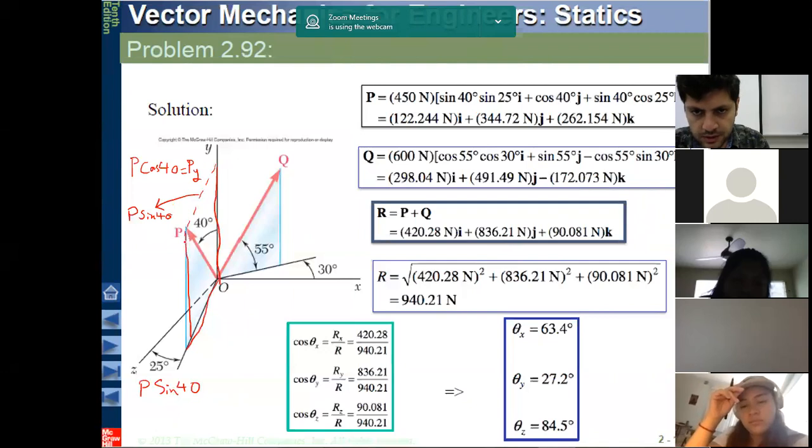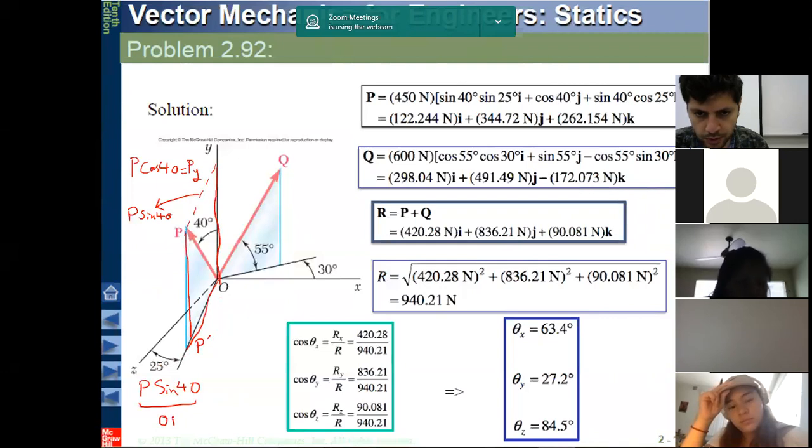So this would give me this line, because this is a rectangle. Let's call this OP prime, and this is P prime. So now I have this OP prime. If I multiply this OP prime by cosine of 25, then what do I get?